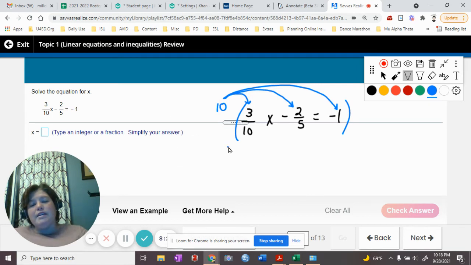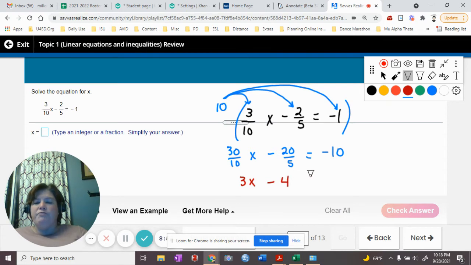10 times 3 is 30 over 10x minus 10 times 2 is 20 over 5 equals 10 times negative 1 is negative 10. 30 over 10 reduces to 3, so we have 3x. 20 over 5 reduces to 4, and then we bring down our negative 10.